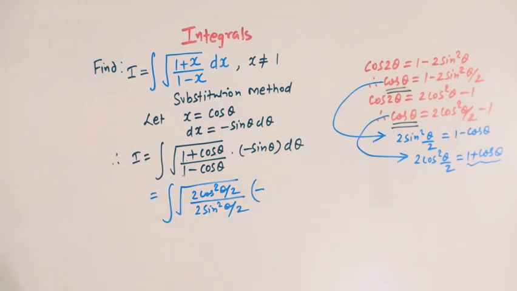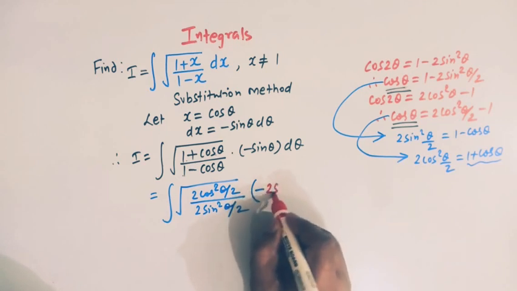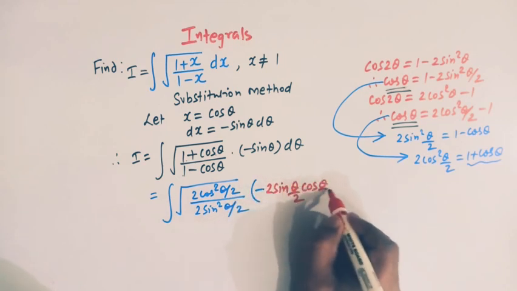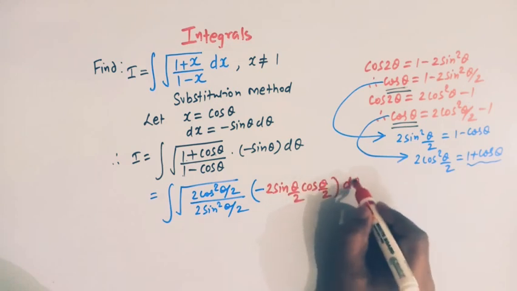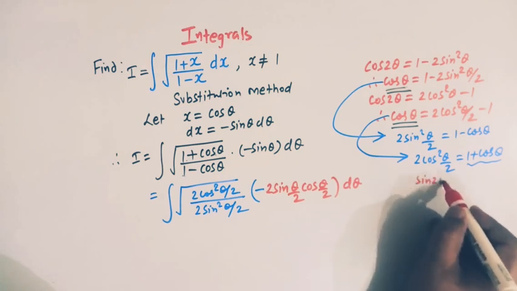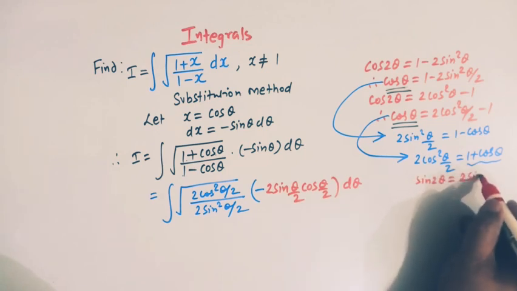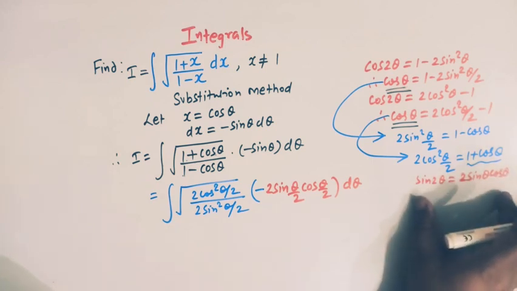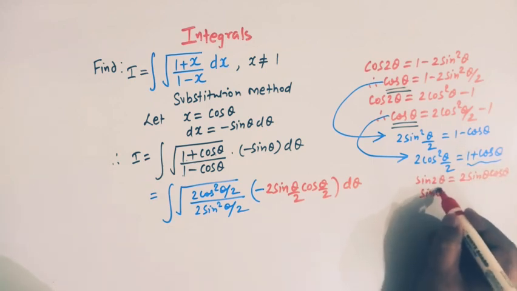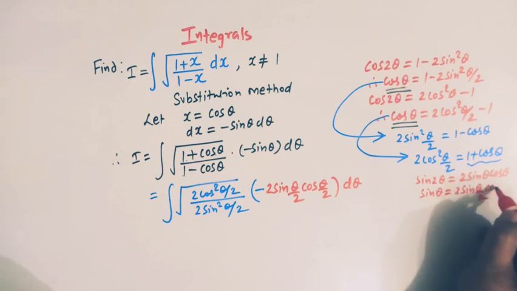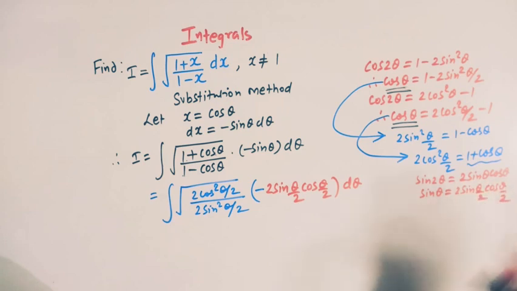Now sine theta can be written as 2 sine theta over 2 cos theta over 2, and here we have d theta, right? Because sine 2 theta is equal to 2 sine theta cos theta, and if we take half angle then sine theta is equal to 2 sine theta over 2 cos theta over 2, right?